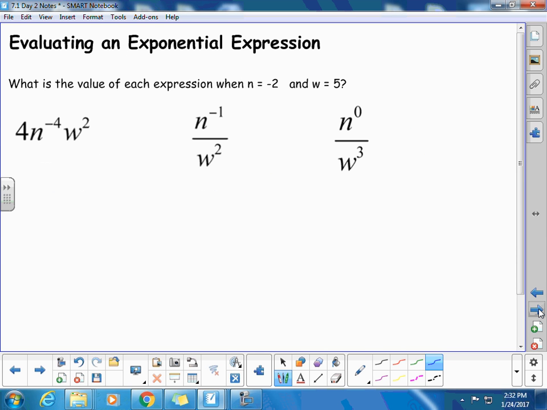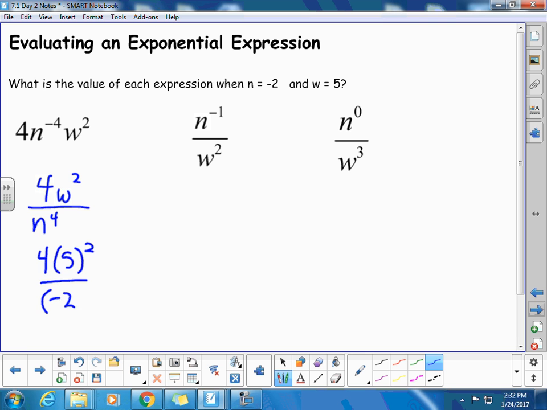Evaluate an exponential expression. What's the value of each expression when n is negative 2 and w is 5? Again, I like to simplify first. So I'm going to write my 4. My n's going to move and lose. This is just like we did yesterday. W squared. So I have 4, w is 5, so 5 squared over n to the fourth.